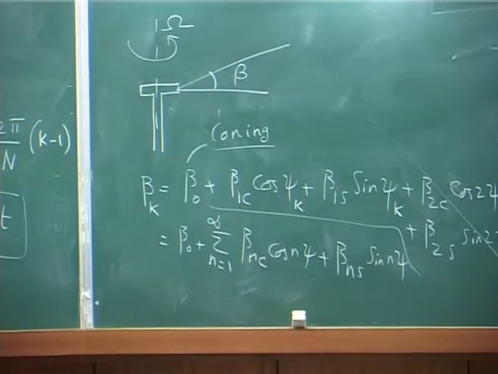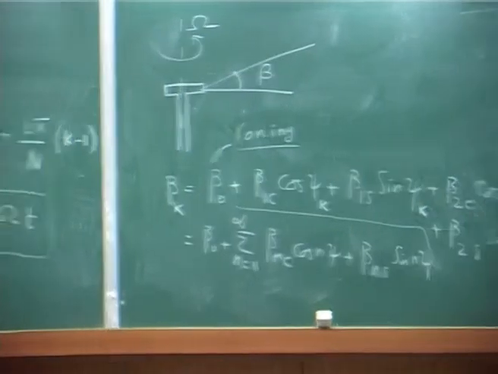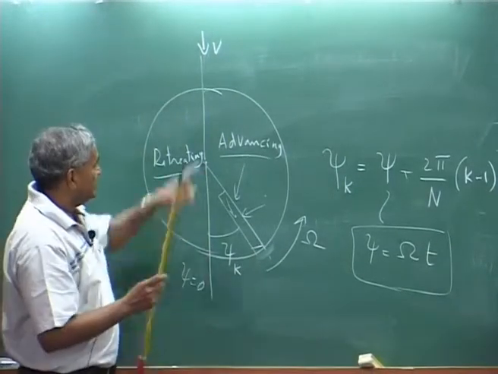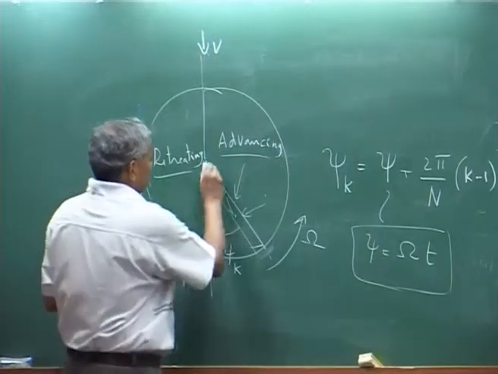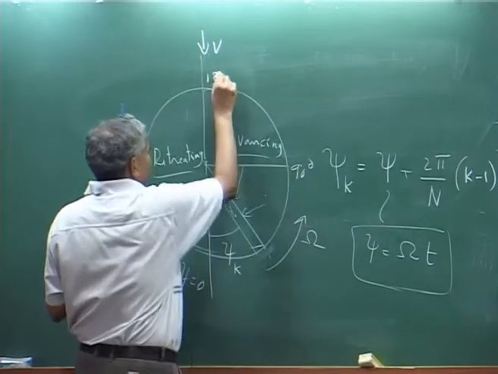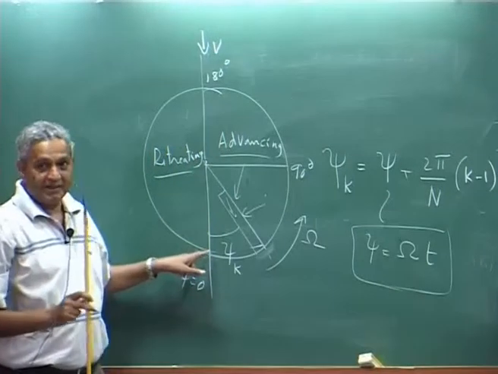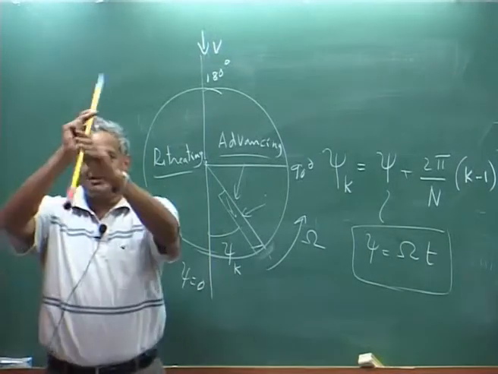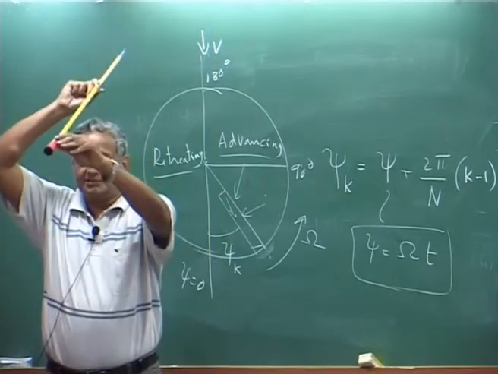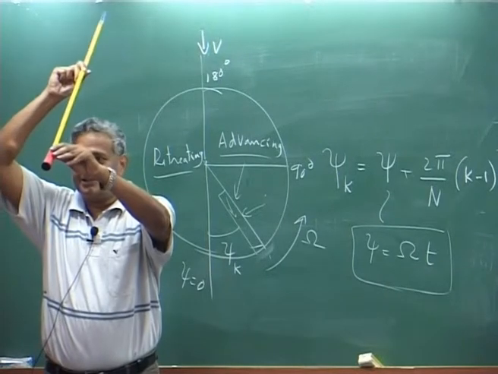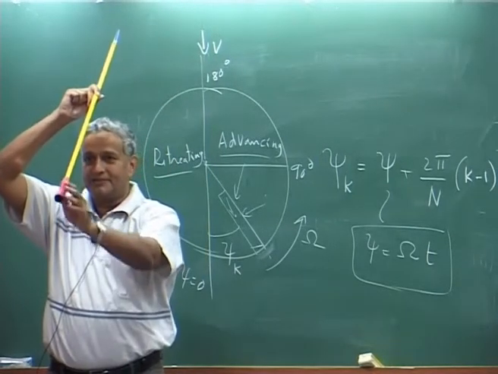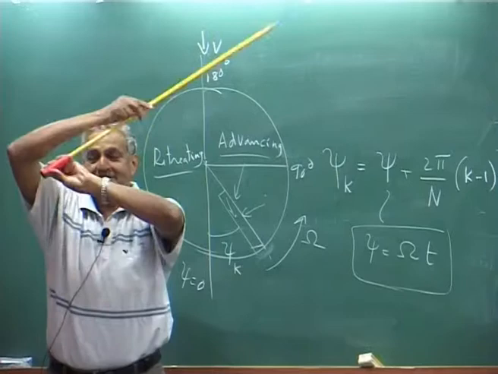Now, when you look at beta 1c, what does it represent? If beta 1c is positive, that means this is my psi 0 position, this is 180, this is 90, this is 90 degree, this is 180. That means when the blade comes back to this point, if this is the fore and aft, it will do like this. At the back it will go up, when it comes to the front it will come down, so when it rotates it will do like this.